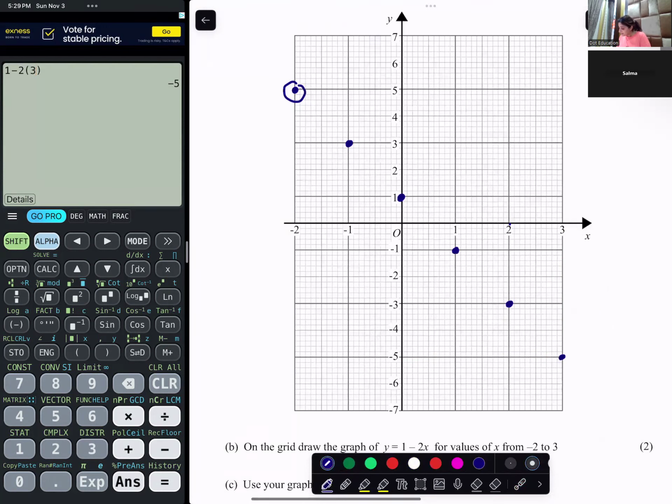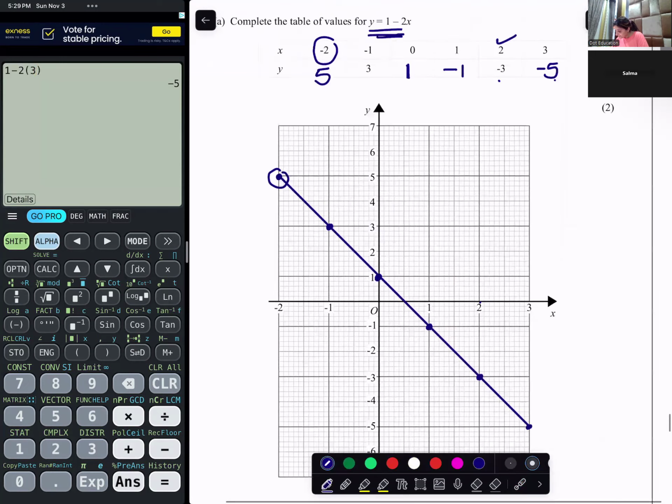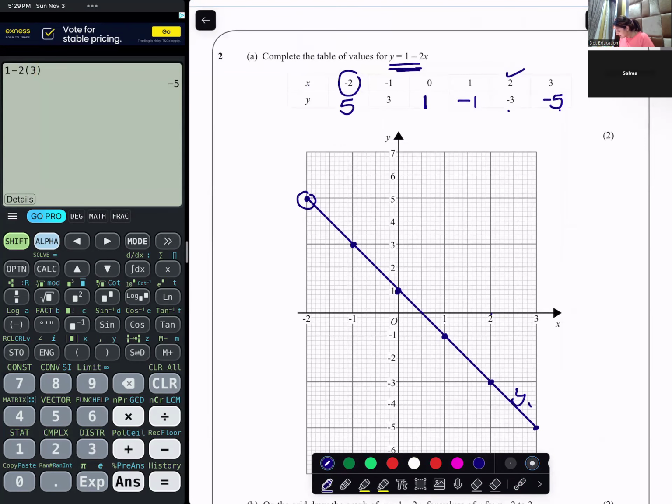I've got the points. I will plot the line using the table. The equation of this line is y is equal to 1 minus 2x.